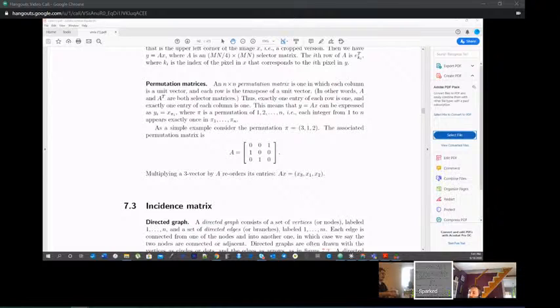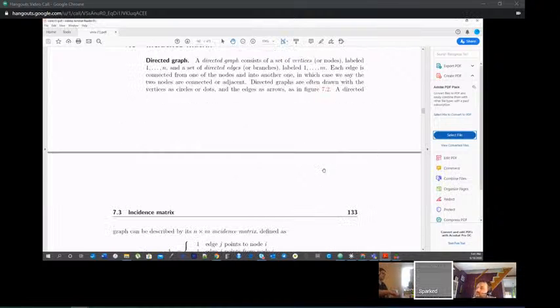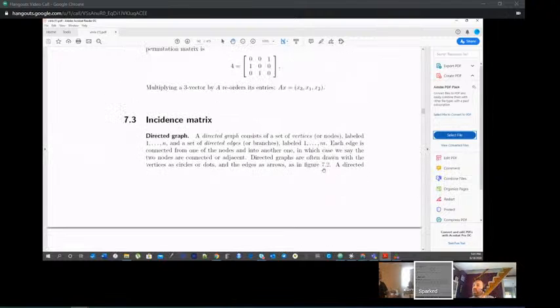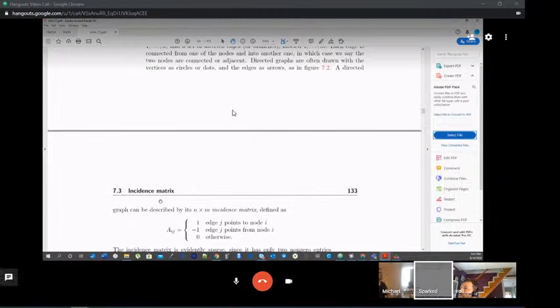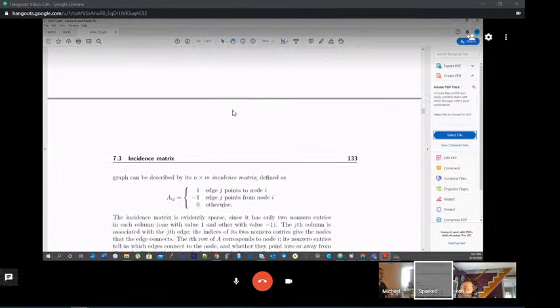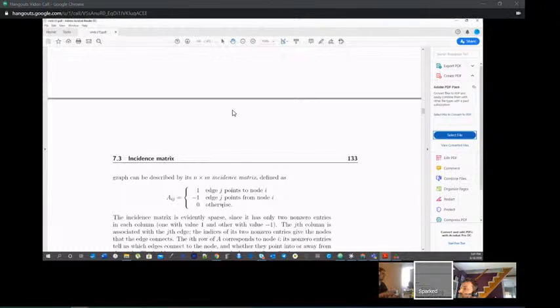You have -1 if it's flowing out of something and 1 if it's flowing into something. So it's just in edges and out edges.